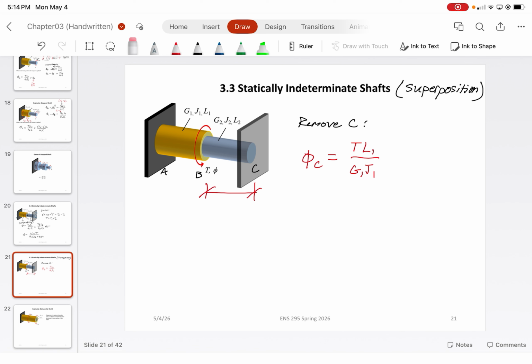Now, the second step would be to consider the actual applied torque at C, which would be our unknown that we're solving for, which we can call TC. That's our reaction torque that we're solving for. All right. So then I'll put apply redundant.